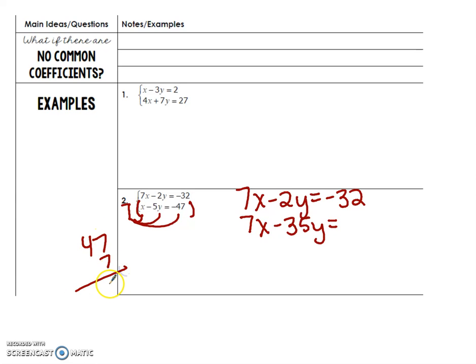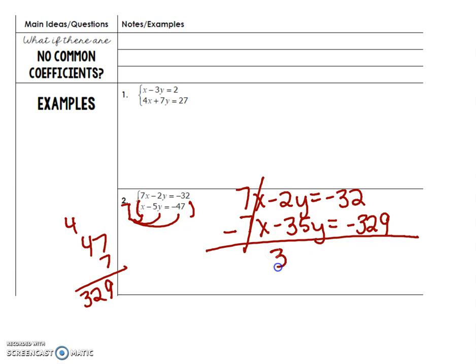47 times 7 is 49, 28, 3, oh, big numbers. Negative 329. Okay, so we're going to subtract these because these are the same signs. Okay, these will cancel. Then we have negative 2 minus negative 35. Remember, that is like adding 35.